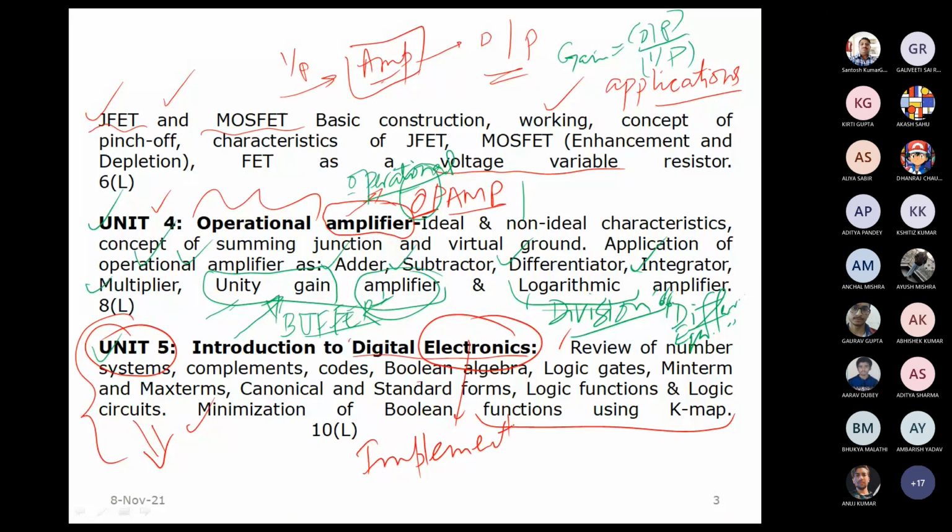So some logic is there, and how we can implement that in hardware, using, say, diodes or transistors, how we can realize these logics. So a few discussions will also be based on these aspects.